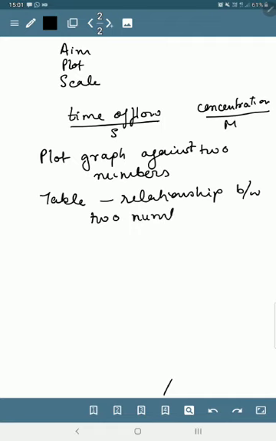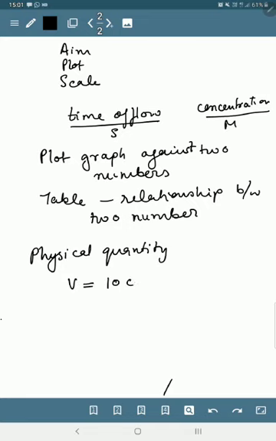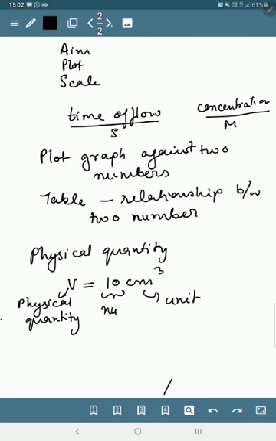Now, what do we mean by the term physical quantity? When I say physical quantity, let's say I am talking about volume. Let's say I am writing volume as 10 centimeter cube. Now, this is a physical quantity whose measurement has been done in the units of centimeter cube, and the numeral associated with it is 10.